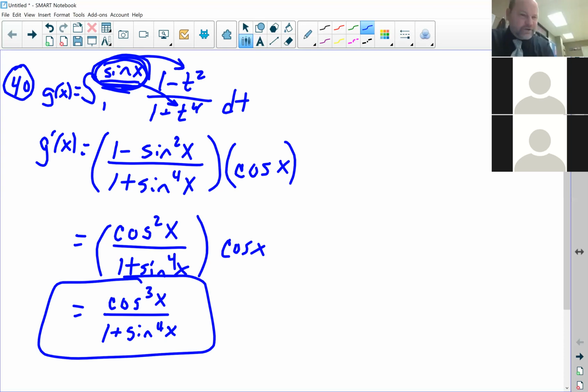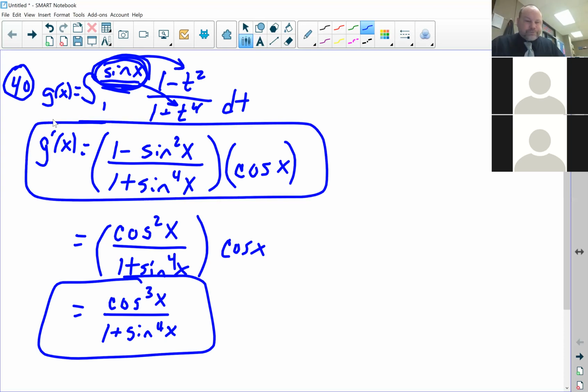This is fine right here. Again, on the multiple choice section of the AP exam, you might see an answer in that version, and just being able to understand how to get to that is important. Does that answer your question?